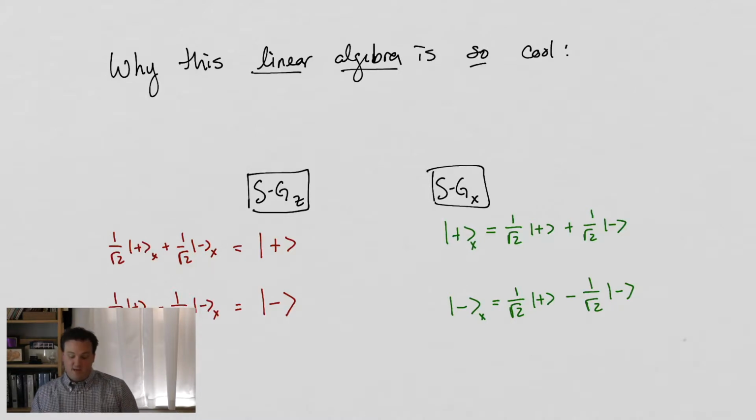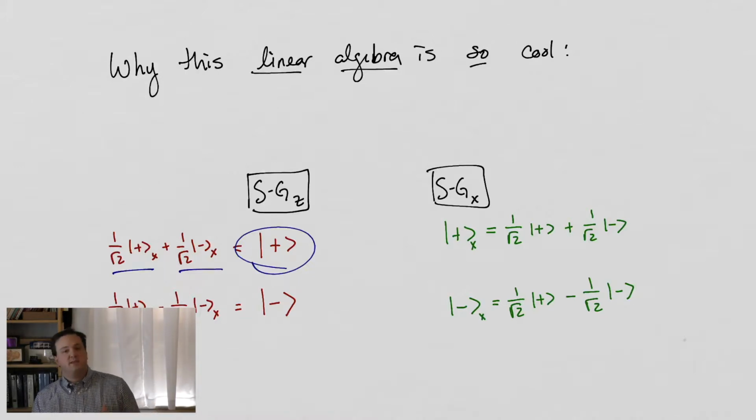If I have a particle that has a plus, that's spin up, that has a positive component of its magnetic dipole moment in the z direction, then it's going to be a mixed state with respect to the basis vectors of the Stern-Gerlach experiment in the x direction.